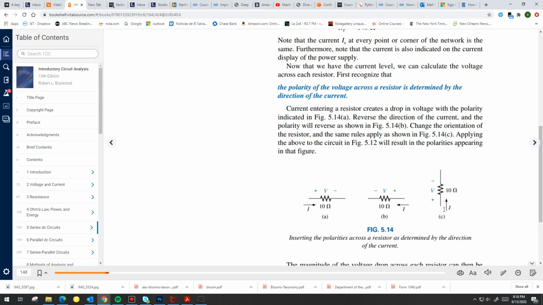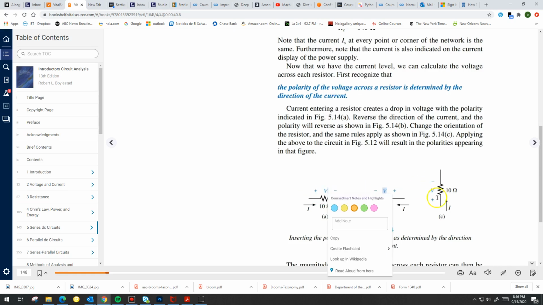And it doesn't matter how you draw the circuit or the resistance. What you look for is the polarity. If this is the positive end and this is the negative end, current is going to go up in this direction, towards the negative. What I was just explaining is based on knowing the polarity.